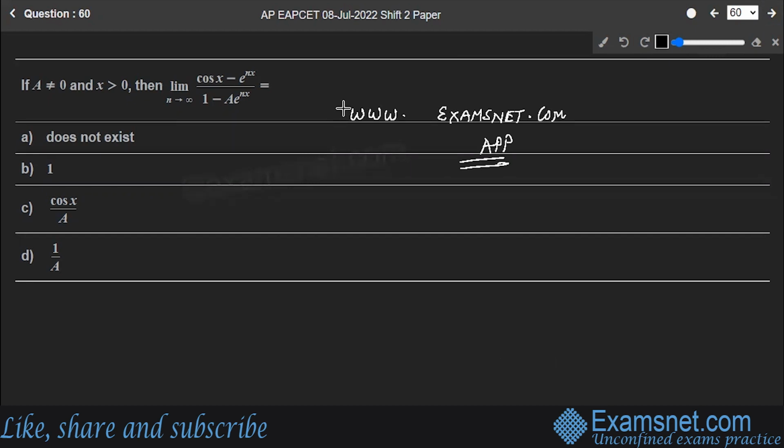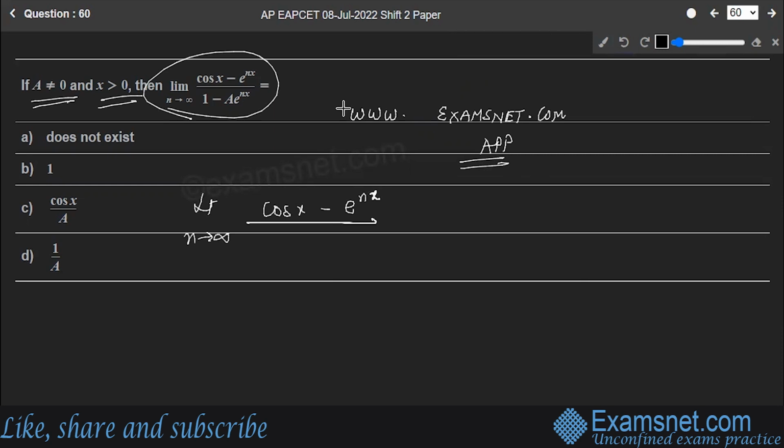That is question number 60. If a is not equal to 0 and x is greater than 0, then you have to evaluate this expression, which is limit n approaching infinity of cos x minus e raised to power nx, divided by 1 minus a e raised to power nx.